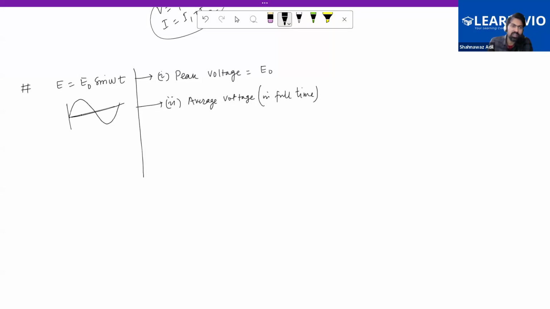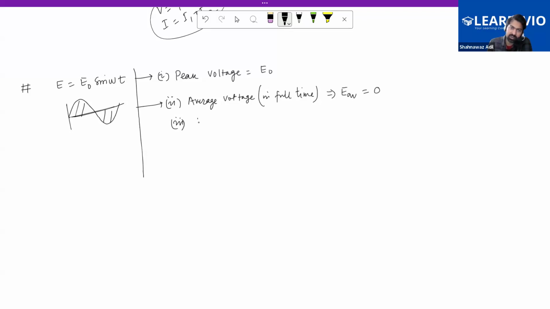You see that in this full time period, this would be zero, because this part is positive and this part is negative. So in full time, this is called E average, and this is zero. In half time, what is that?